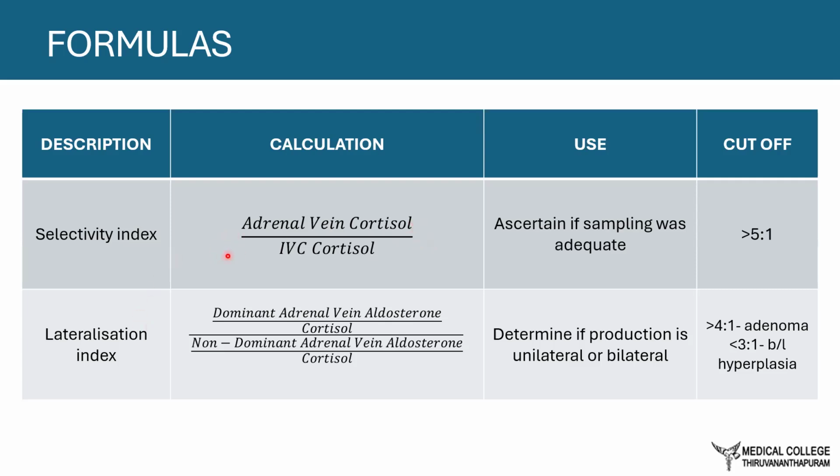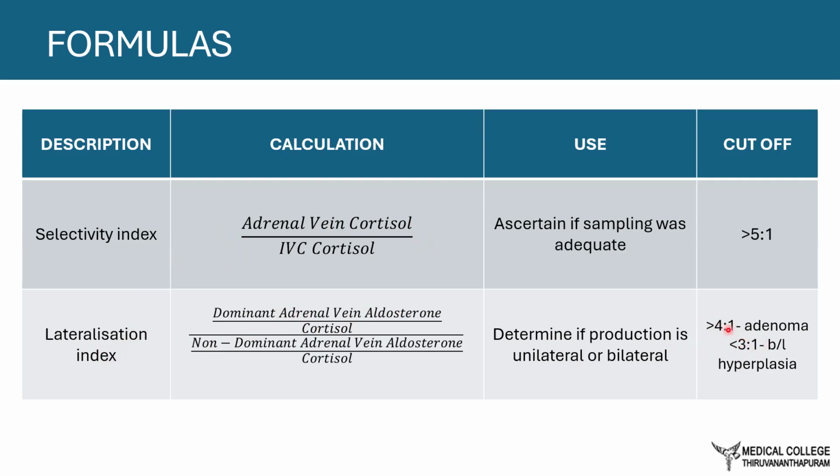Then, once that sample is confirmed, you need to do the lateralization index, that is, which adrenal is actually secreting the hormone. That is based on the ratio between your aldosterone and cortisol. Generally, if it is an adenoma, the ratio will be more than 4. And if it is hyperplasia, it will be less than 3.